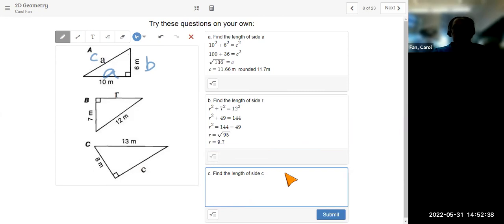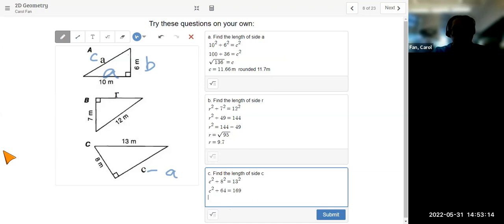Last one. This is another one that's tricky. We see that C is the one that's touching the 90 degrees. So this is really not a hypotenuse. Let's consider that as an A. So we have C squared plus 8 squared is equal to 13 squared. Simplify it, we have C squared plus 64 is equal to 169. Let's rearrange this equation.